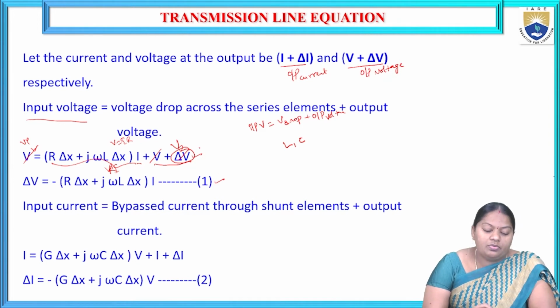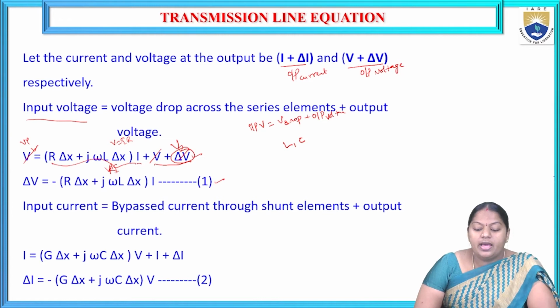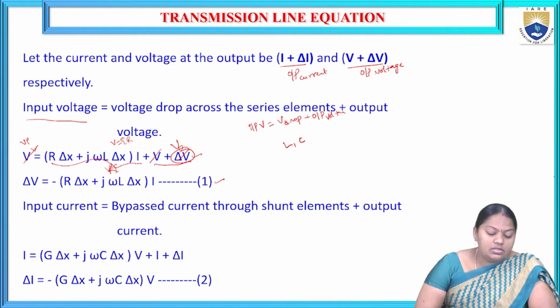This is obtained from: input voltage is equal to the voltage drop across the series elements plus the output voltage.